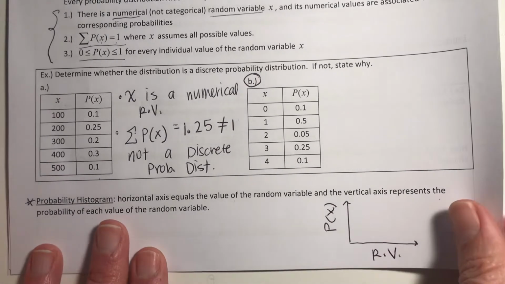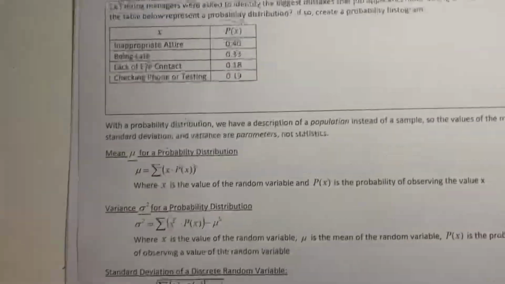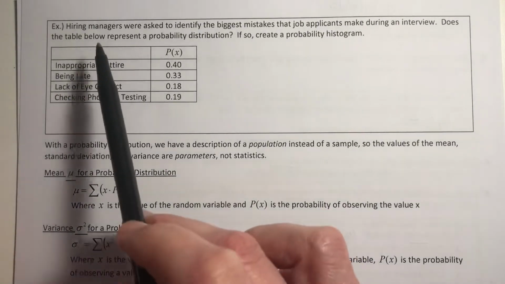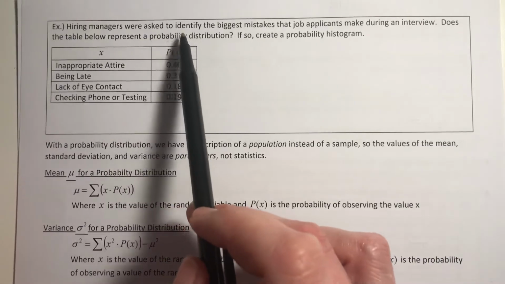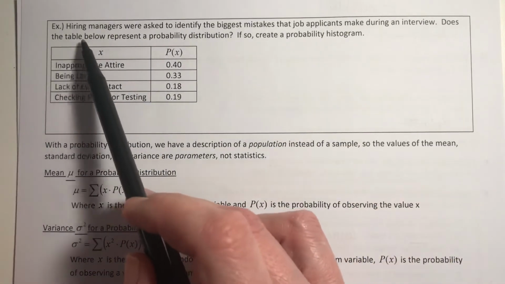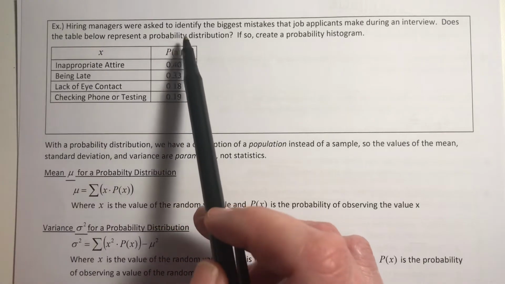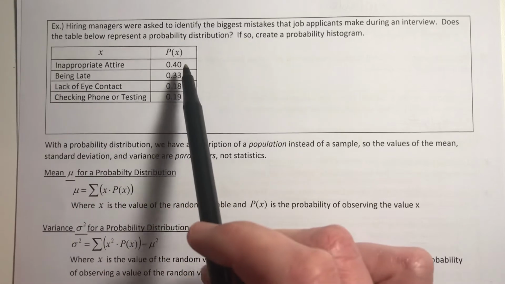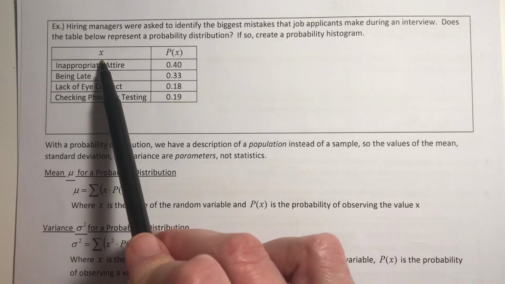Okay, page 2. There is an example up here at the top. Hiring managers were asked to identify the biggest mistakes job applicants make during the interview. Does the table below represent a probability distribution? If so, create a probability histogram. So does this represent one? First requirement is not met.